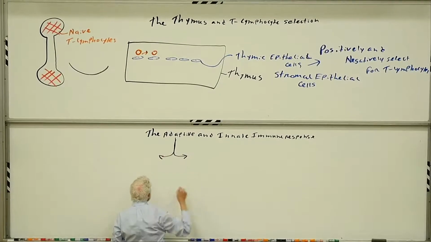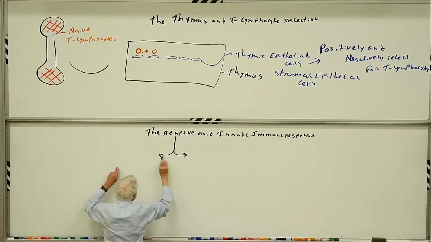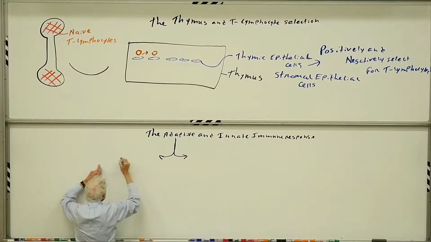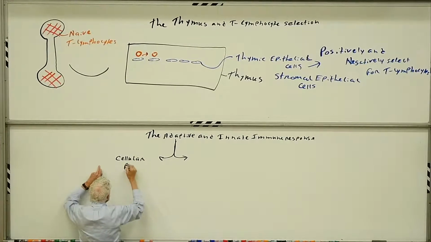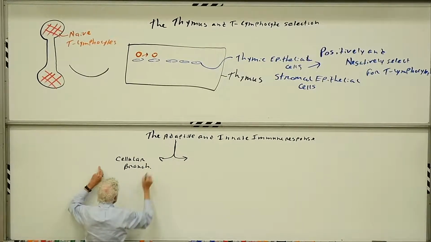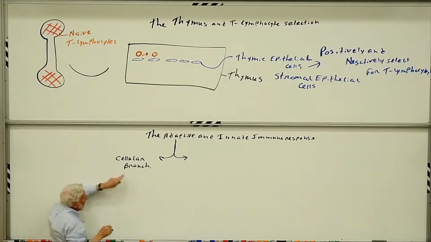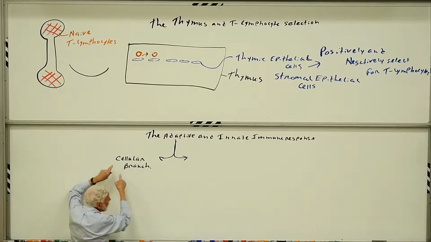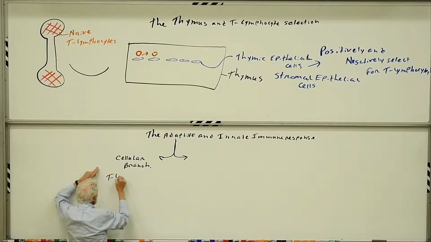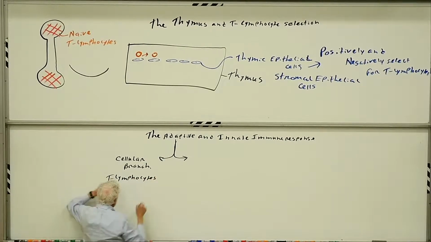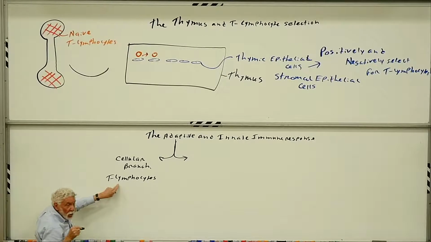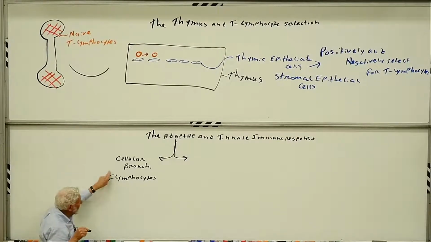The cellular branch is all taken care of by the T lymphocytes. These are the cells that we just talked about being selected for in the thymus.